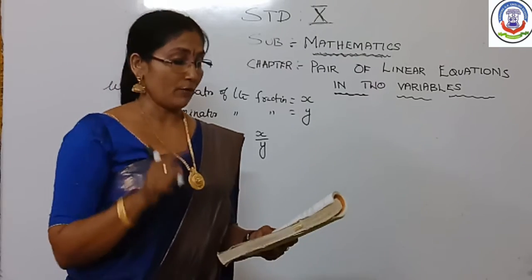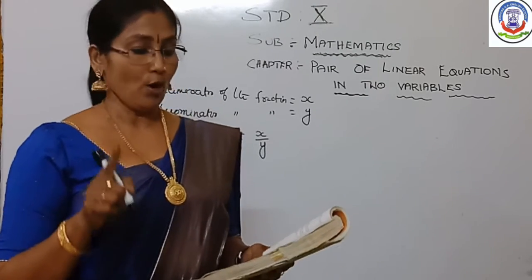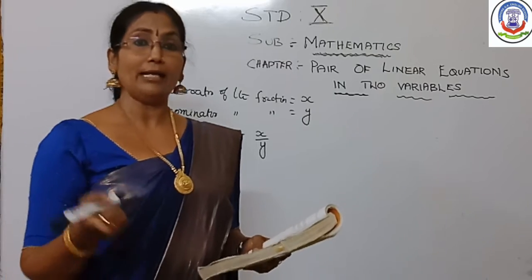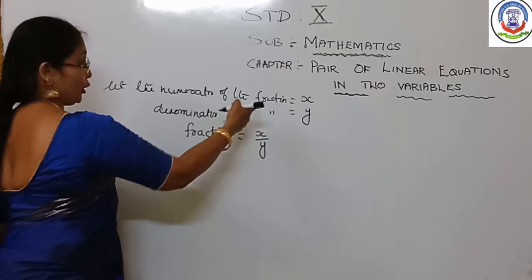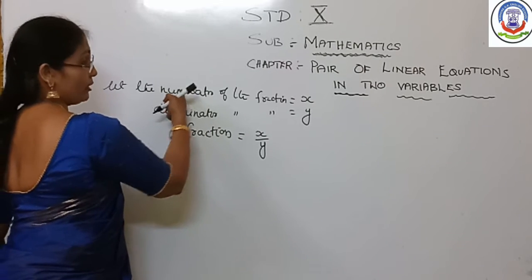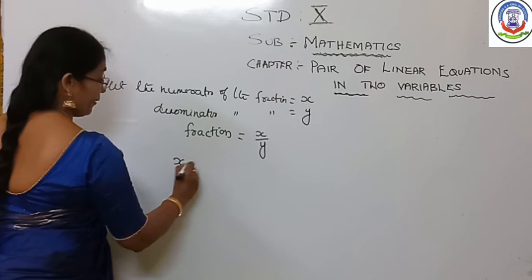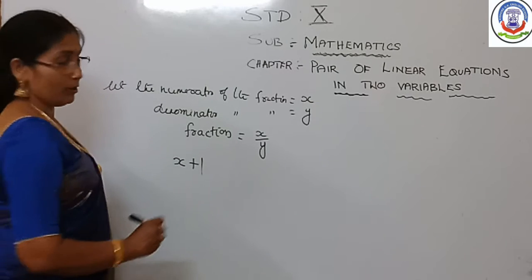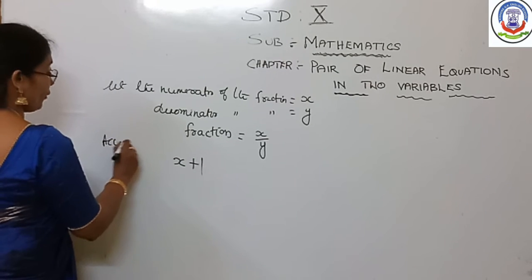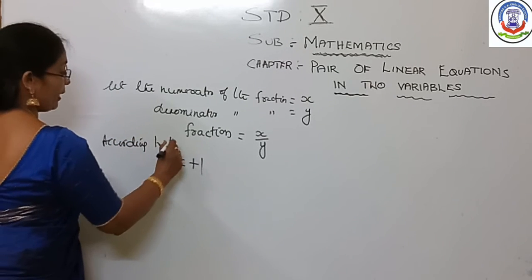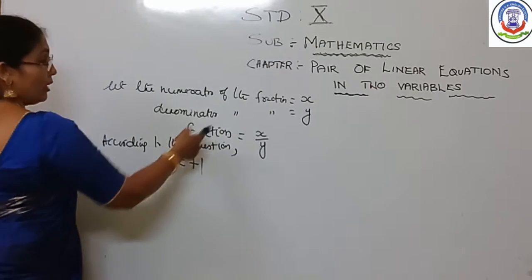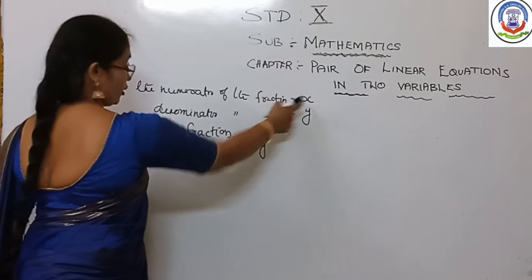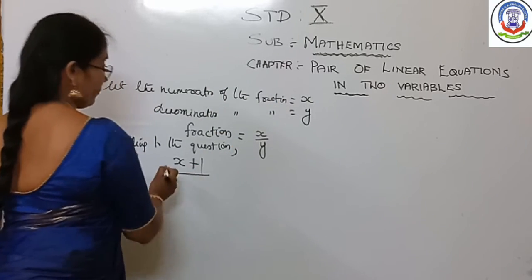Now come to the question. What was the question? If we add 1 to the numerator and subtract 1 from the denominator. According to the clues given in the question, we add 1 to the numerator, that means x plus 1.